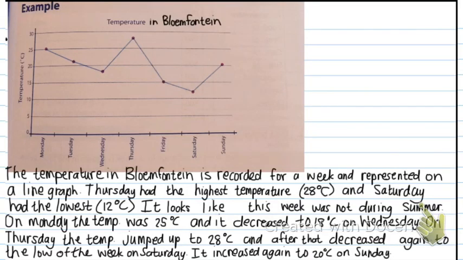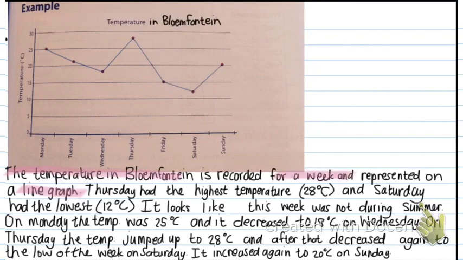This is my example. I have this graph, and I'm going to highlight the important parts in my explanation. The temperature in Bloemfontein is recorded for a week and represented on a line graph. So look at this. I'm giving the heading, the temperature in Bloemfontein is recorded, then I say for a week.